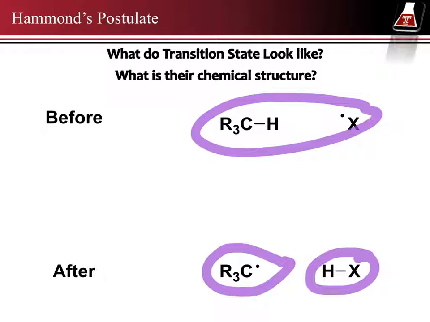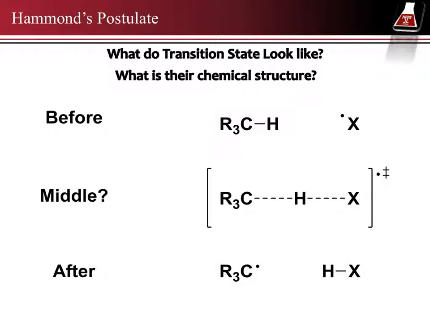So the question is, what does the middle look like? You could write it like this, and I say middle with a question mark because, again, we don't actually know.